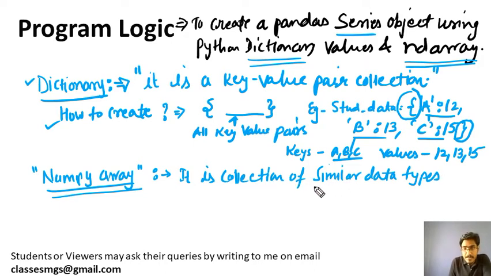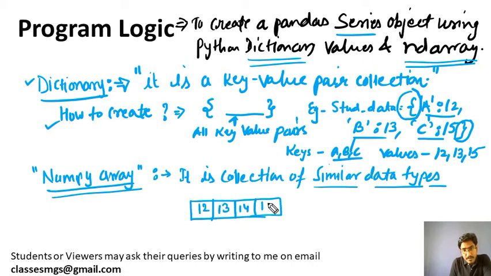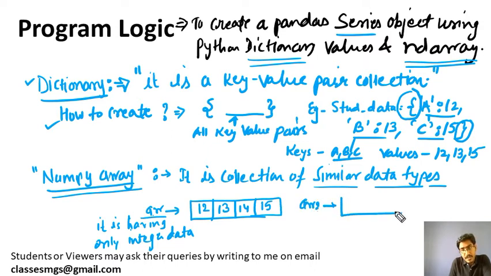What is the meaning of similar data type? Let's suppose you have a NumPy array like 12, 13, 14, 15. Let's suppose this is arr, then it will have only integer data. If you want to create another NumPy array, let's suppose arr2, then it might have different data.